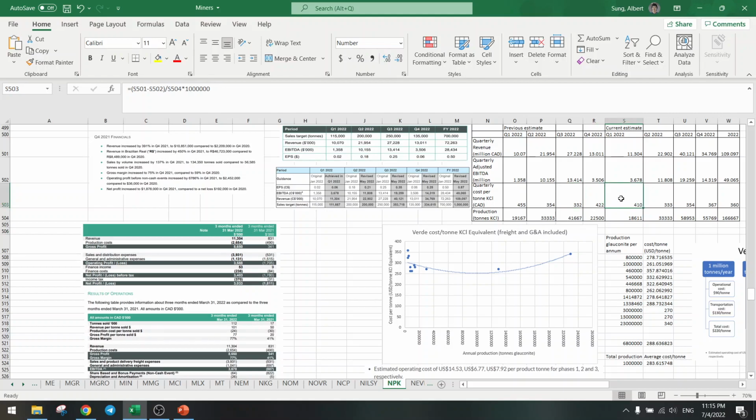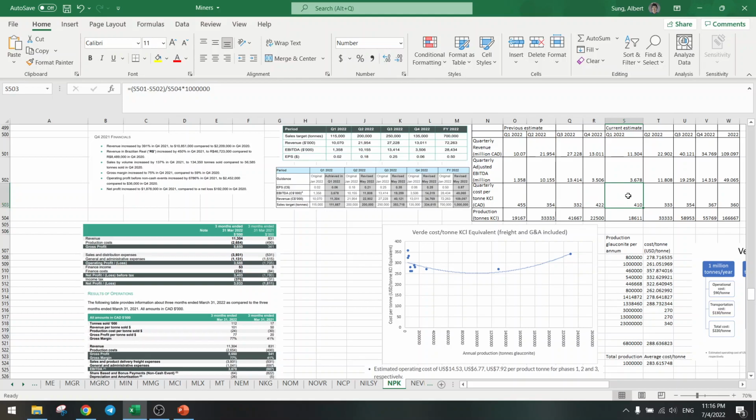So that's 410 costs per ton in CID, and that's around $300 US dollars in costs per ton.